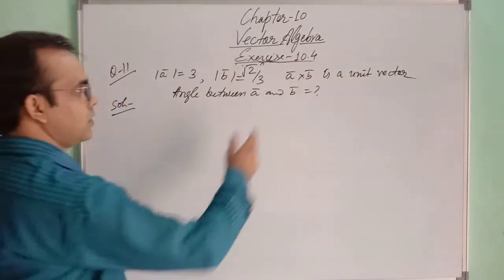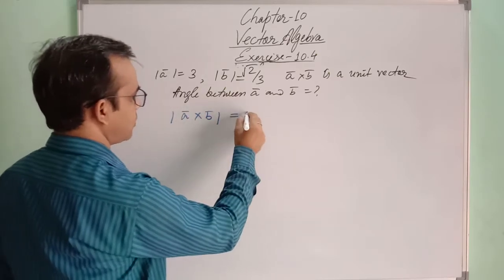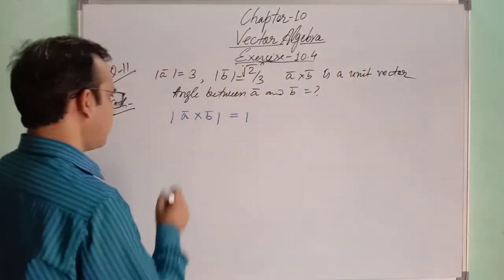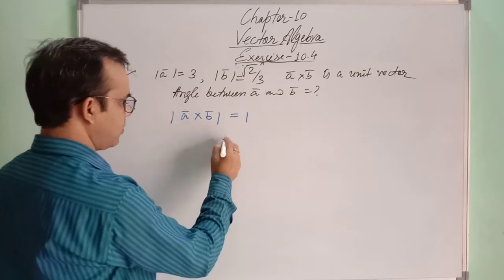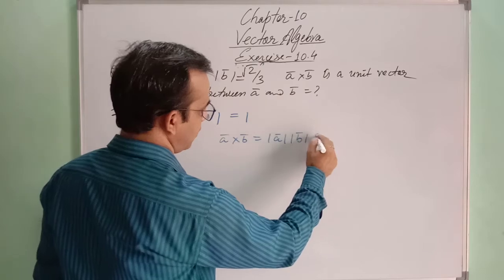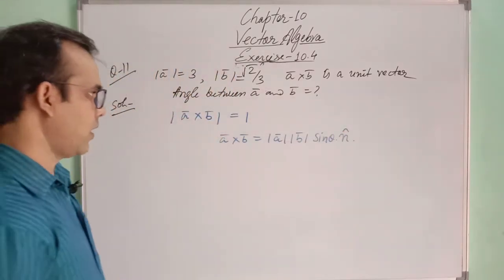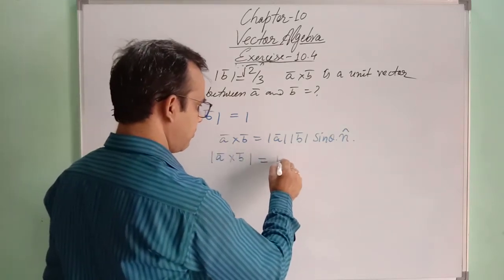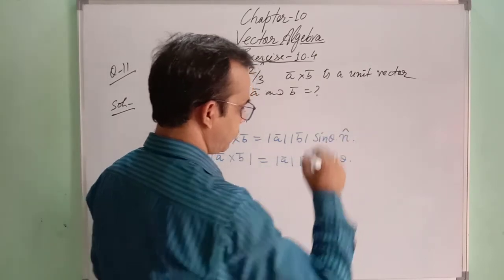So A cross B is a unit vector, so it means the magnitude of A cross B must be equal to 1. Now A cross B vector equal to magnitude of A, magnitude of B, sin theta n cap. Then the magnitude of A cross B will be given by magnitude of A, magnitude of B, sin theta.